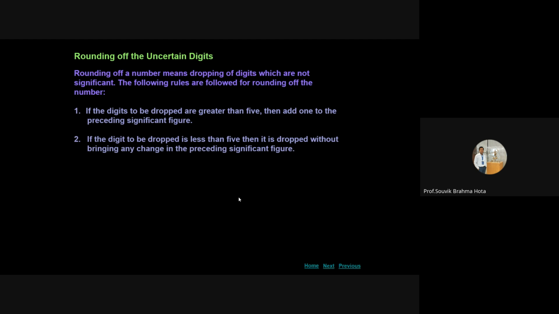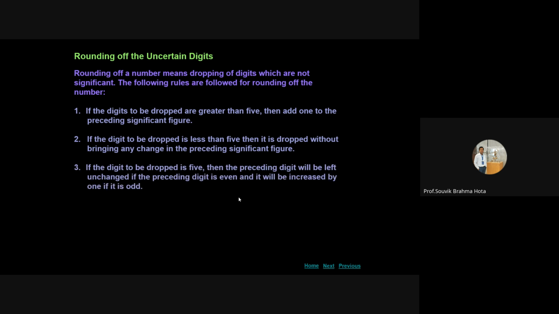If the digit to be dropped is less than 5, then it is dropped without bringing any change to the preceding number. If the digit to be dropped is 5, not less, not more, only 5, then the preceding digit will be left unchanged if it is even, and it will be increased by 1 if it is odd.